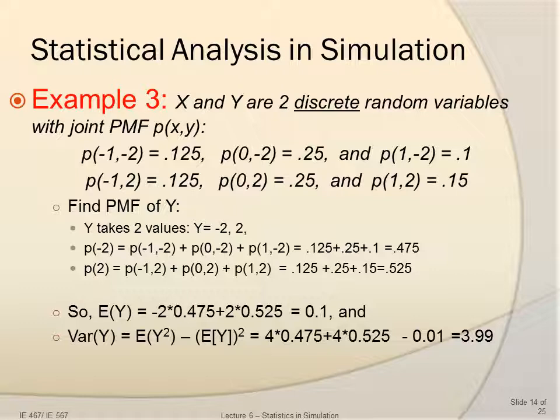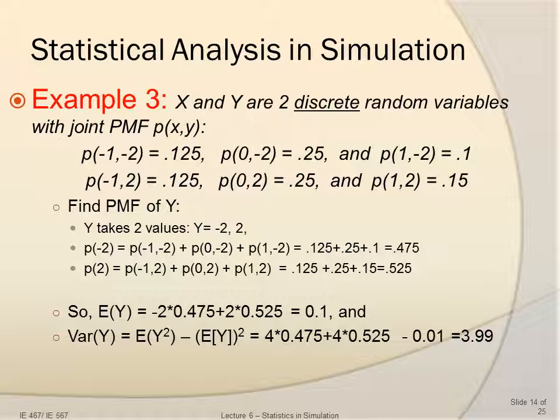The first two terms allow us to find the expectation of y squared, and that is simply by squaring -2, which becomes 4, and multiplying it by its corresponding probability of 0.475, and then squaring 2 and multiplying it by the corresponding probability of 0.525, and then subtracting 0.1 squared, because the expectation of y is 0.1, so when we square it, we get 0.01.